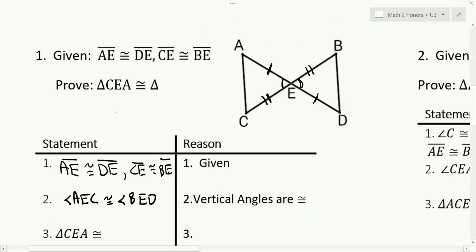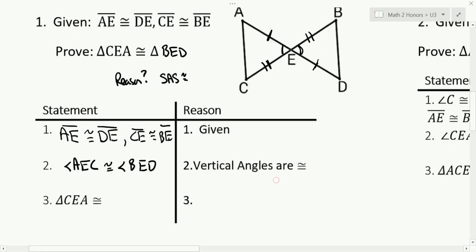Why are these 2 triangles going to be congruent? Which is it, side angle side? Are we sure? Yes, because we have an angle between 2 sides. And so triangle CEA is congruent to which triangle? BED? Are you sure?